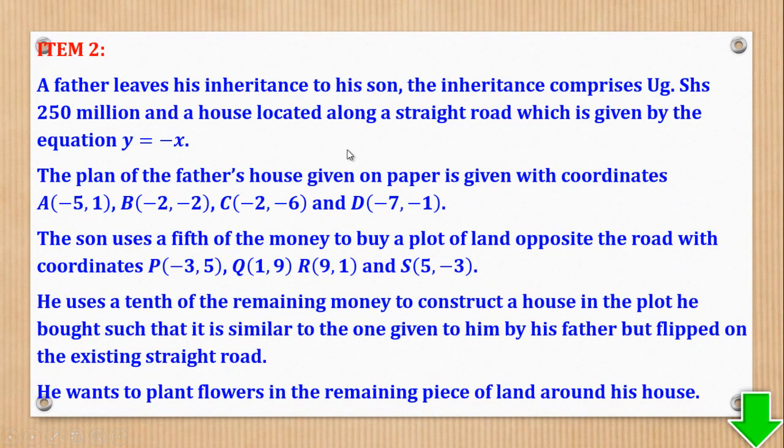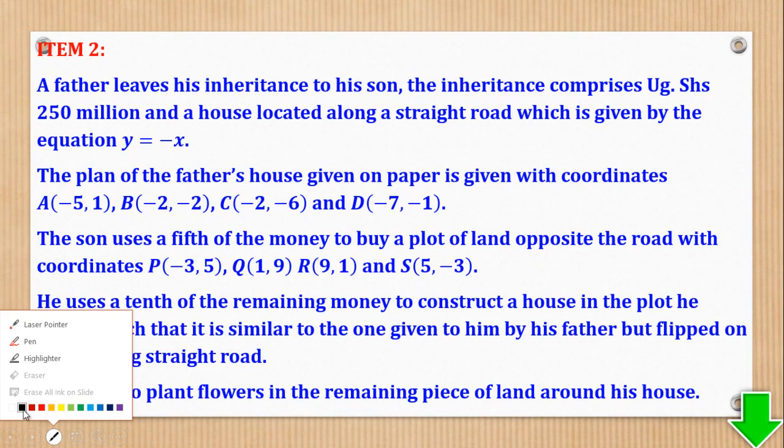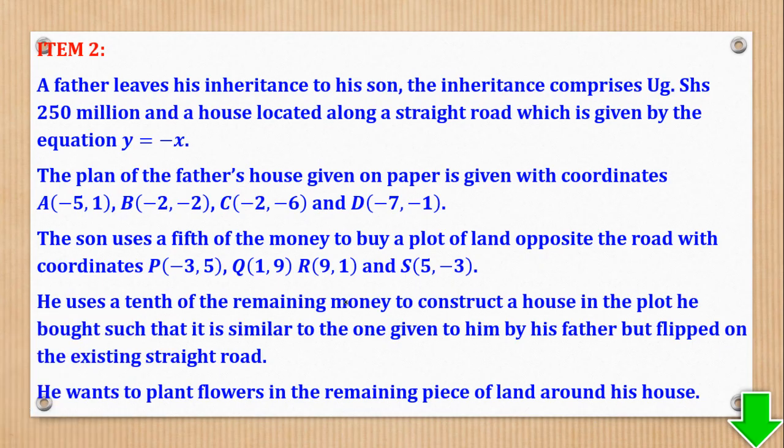He said, use that thing to construct a house. Okay, in the plot bought, say that is similar to the one given to him by his father, but flipped on the straight road. So straight road is this. That's why we are going to first get the coordinates.